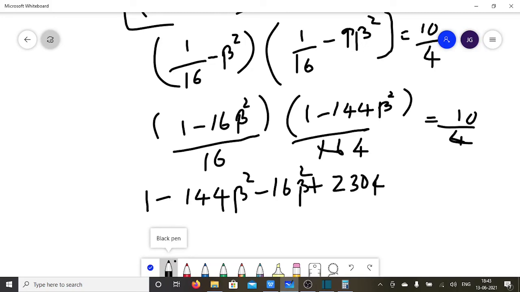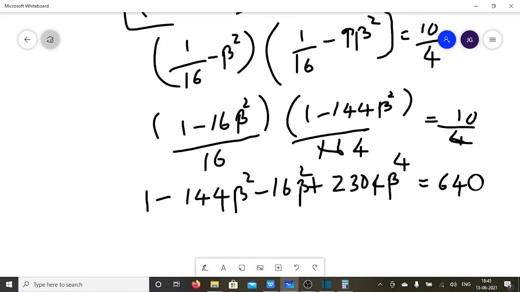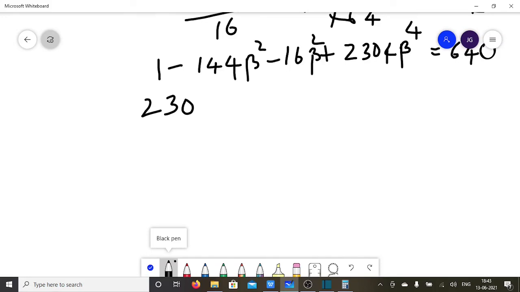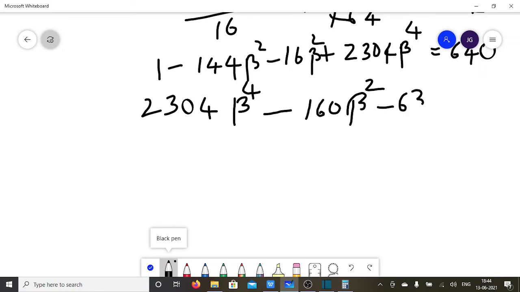So 2304 beta raised to 4 is equal to 16 into 4, 64 into 10, 640. We can simplify this equation. Then this becomes 2304 beta raised to 4 minus 144 minus 16 is 160 beta square plus 1 minus 640, minus 639, is equal to 0.